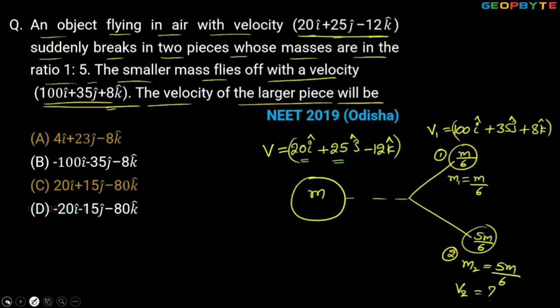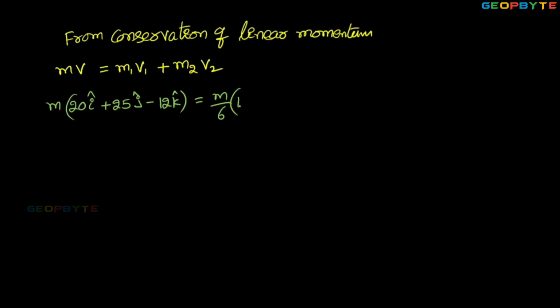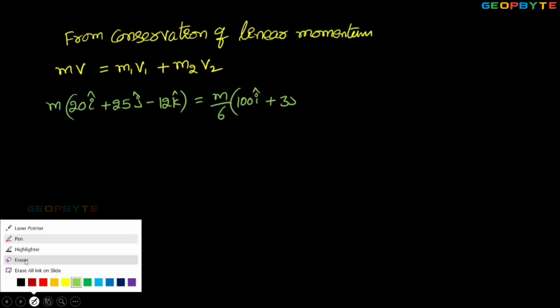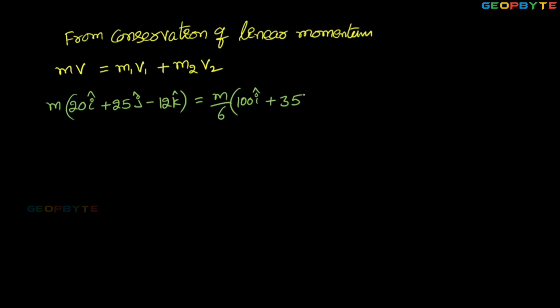Look at v1: v1 is 100 i cap plus 35 j cap plus 8 k cap, plus 5m by 6 into v2. That v2 you are asked to decide.